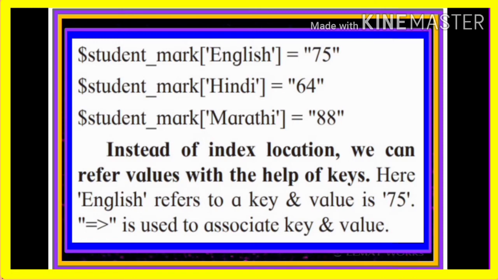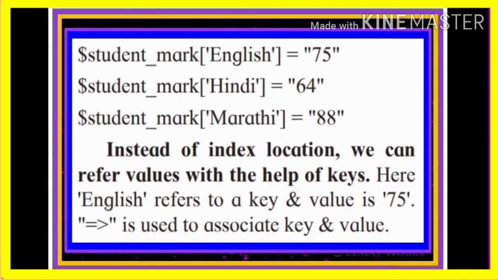Instead of index location, we can refer to values with the help of keys. Here, English refers to a key and the value is 75. Equal to, greater than is used to associate key and value.